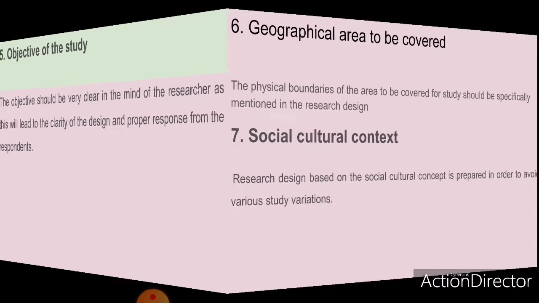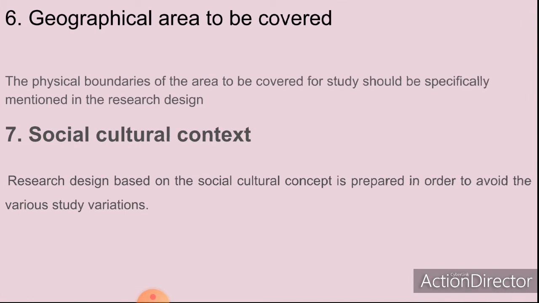Next step is identifying geographical area to be covered, which means the physical boundaries of the area to be covered for study should be specifically mentioned in the research design. Now next is studying socio-cultural context. Researchers should study the socio-cultural aspects for the smooth conducting of the study.